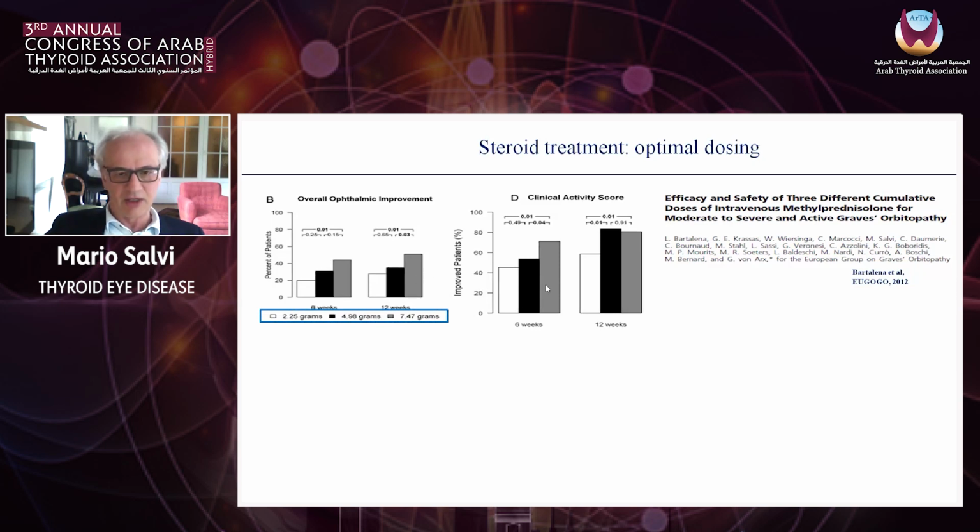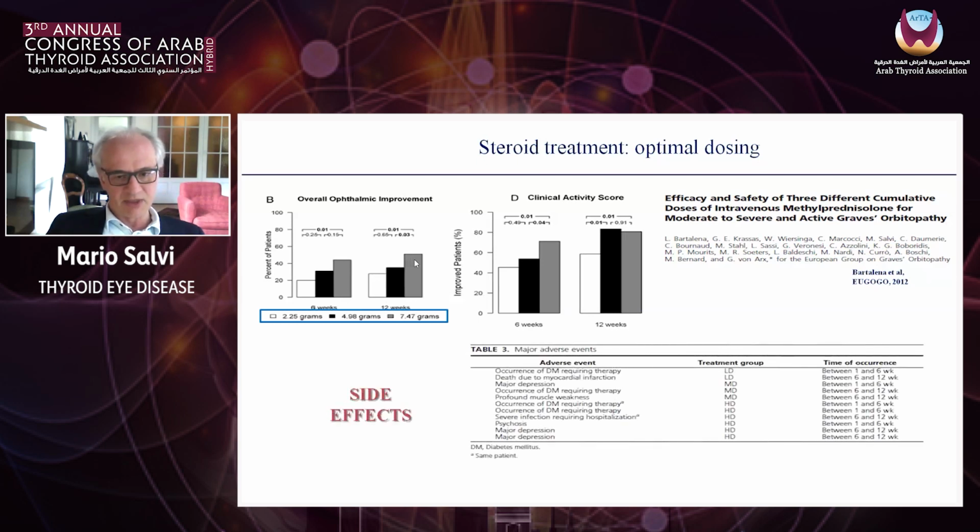As you see here, with both the intermediate and the high dose, we can reach inactivation of disease in more than 80% of patients, whereas when we look at the overall ophthalmic score, the highest dose can lead to a benefit in about 50% of patients.